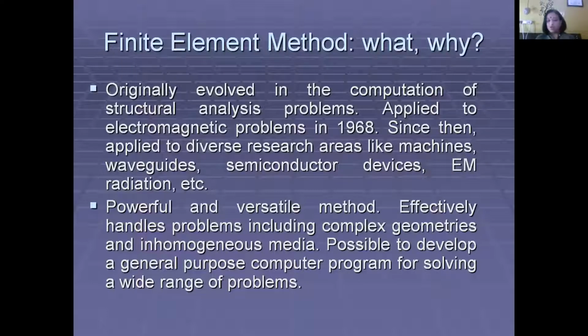So that is what we are moving towards. In the first assignment that you will have at the end of this lecture, you will write a finite element code dealing with electrostatic problems, but we'll talk about that later. Let us go forth.